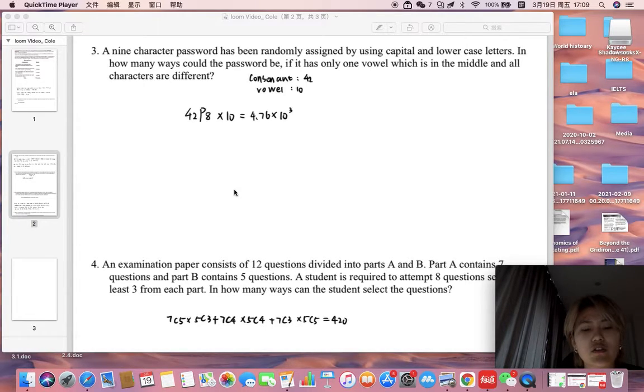Second, because we have one vowel, there are only 8 digits left without vowels. There are still 42 letters left, so the answer is 42P8 multiplied by 10.